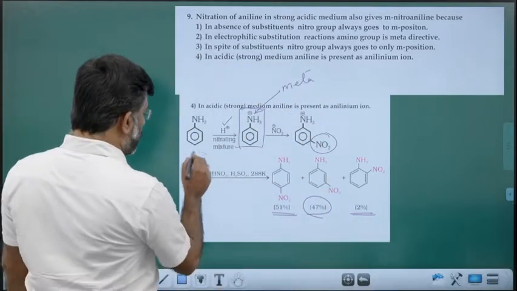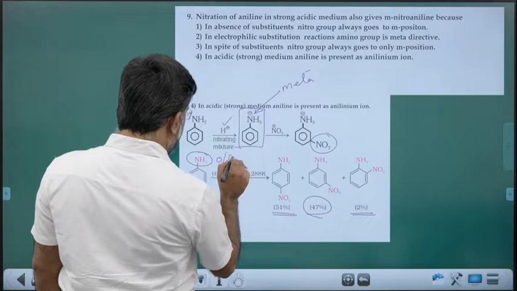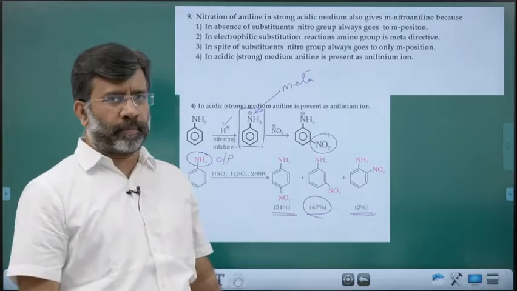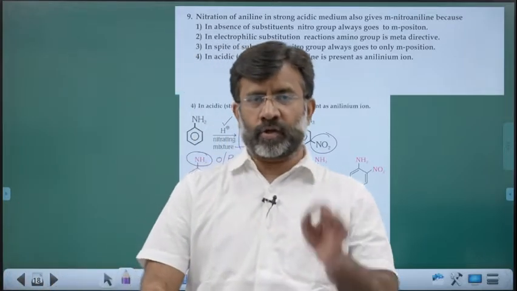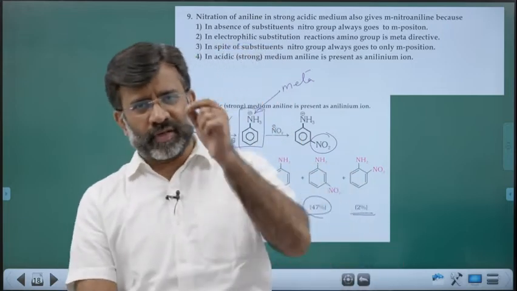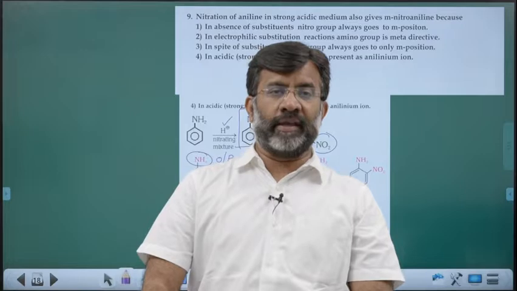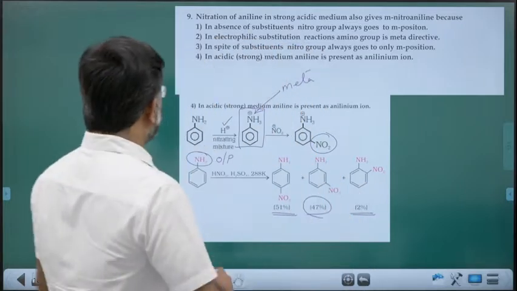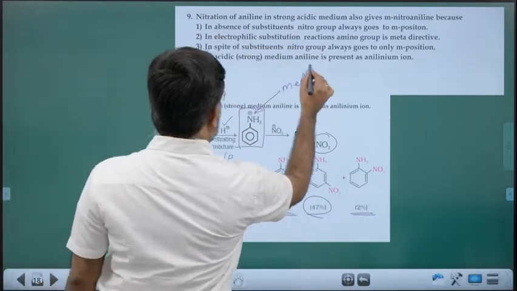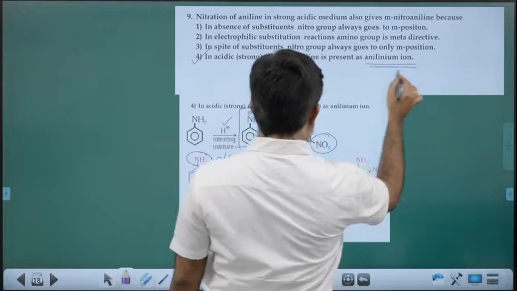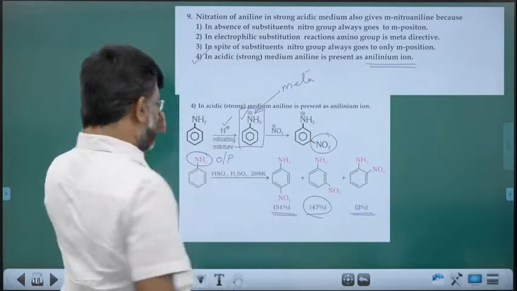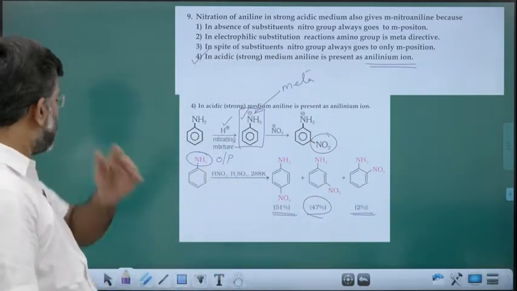Basically, NH2 group is ortho-para directive. But in strong acid medium, you are getting a significant amount of meta product, 47%. Why? That is the question. The answer is fourth choice, due to the formation of anilinium ion. This is the answer. Next.